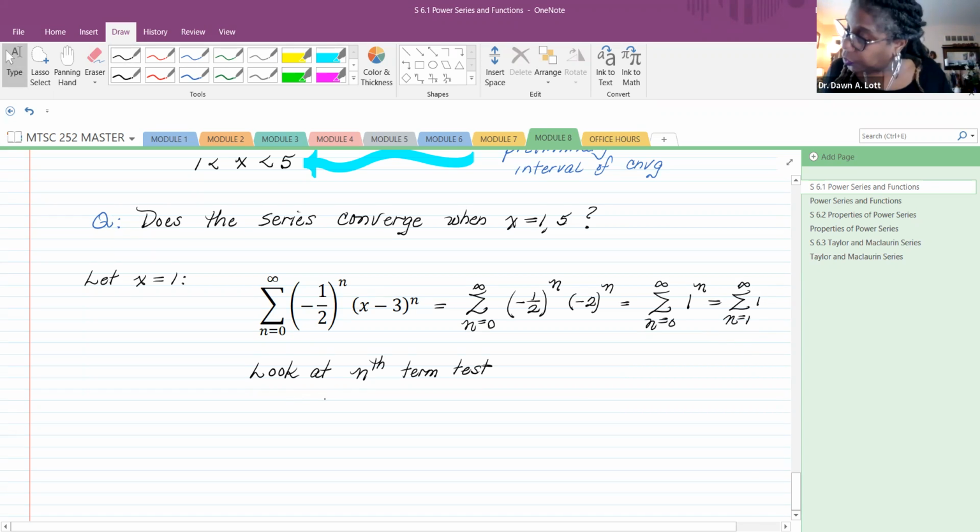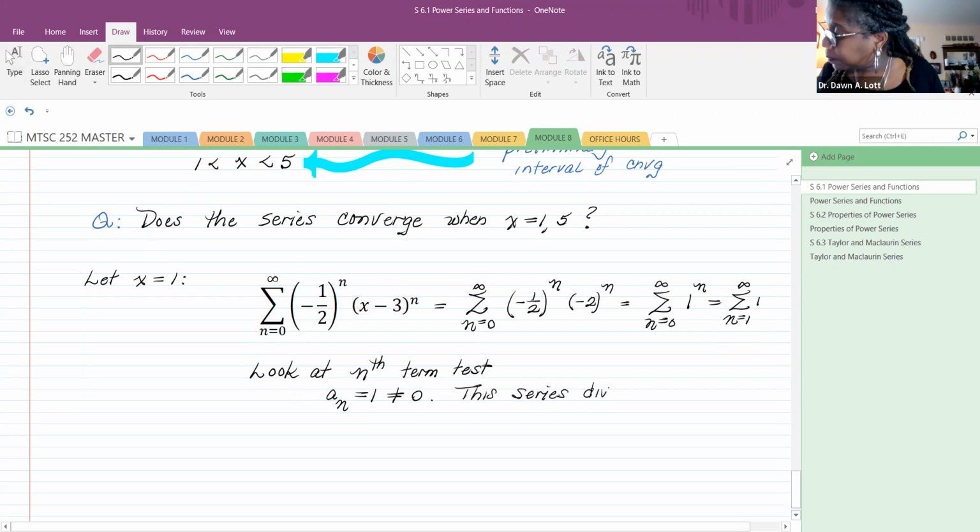So a_n is equal to 1, which is not 0. So this series diverges. So now we know the series does not converge at x equals 1.